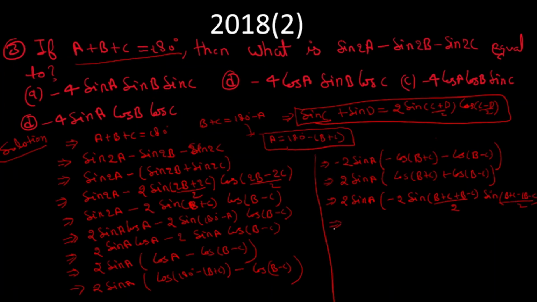Okay, so what we get is minus 4 sin a. Yeah, that cancels, c cancels. We get sin 2b upon 2, so here we get sin b.